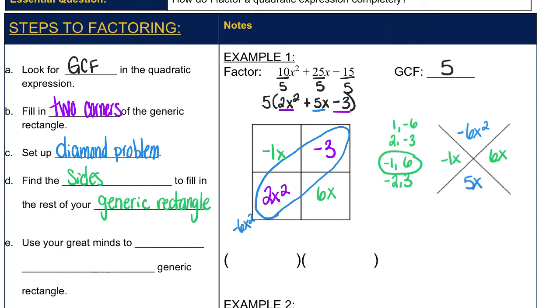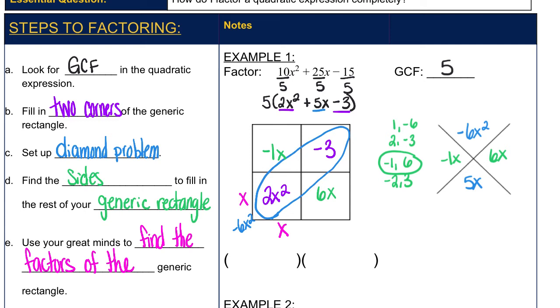The next step is to use your great minds to find the factors of the generic rectangle. So that's looking for the outside of your generic rectangle. I'm going to start at the bottom left. To multiply to x squared, that's going to be x times x. But now to multiply to 2, that's 1 and 2. Now, the 2 is not going to go on the bottom or the base of my generic rectangle because 2 doesn't multiply into negative 1 without having to use a decimal.